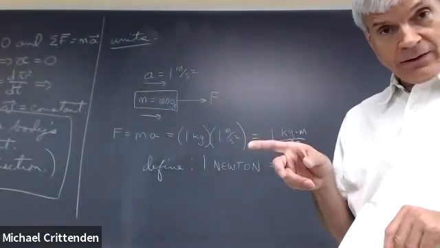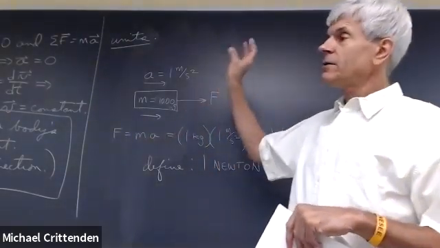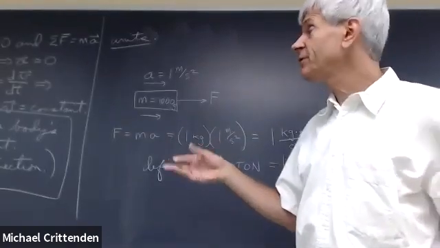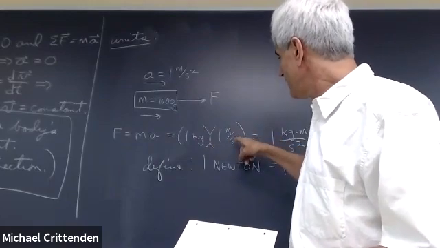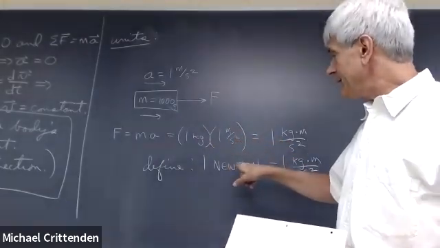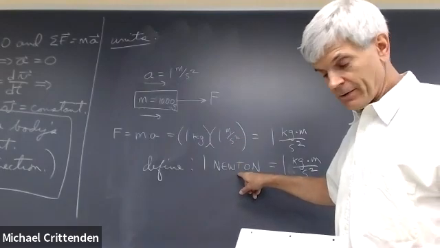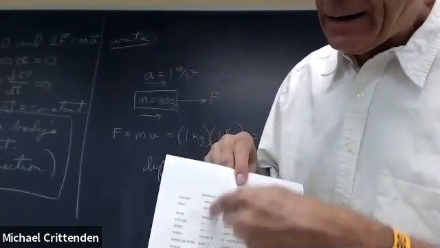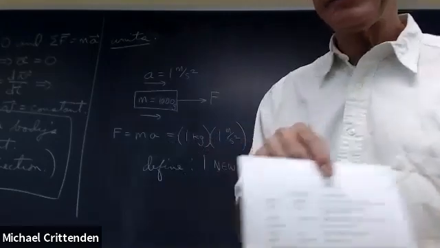For any kind of calculation, whether it's F equals MA, whether it's pressure equals force per unit area, whatever formula you're using, if you put the standard units in, you will get the standard unit on your answer. So stick to the units in that column there, and you will not go astray.